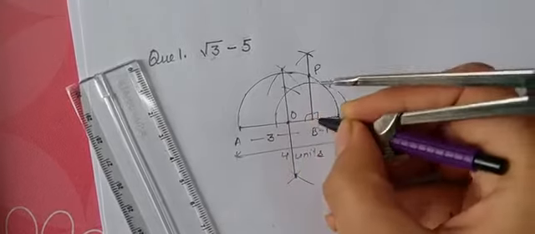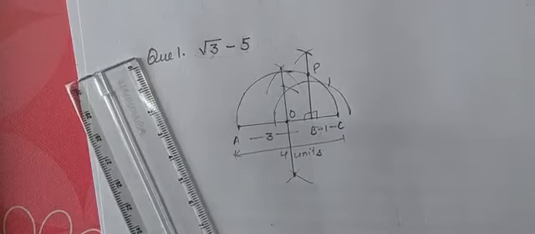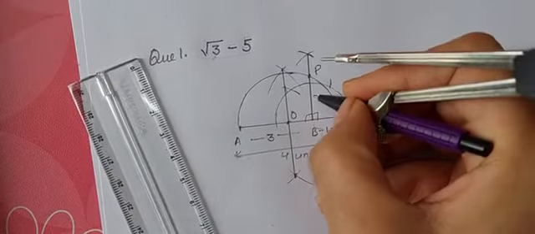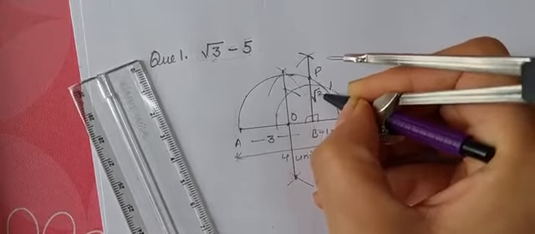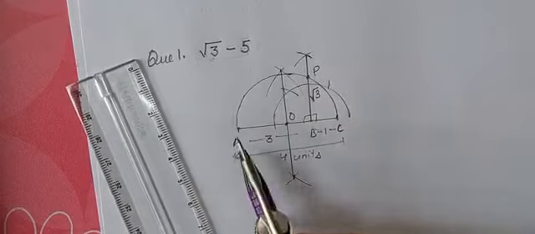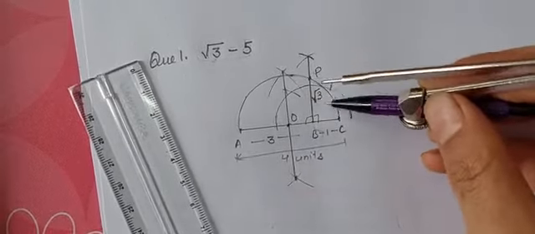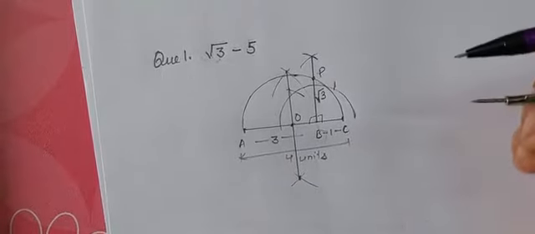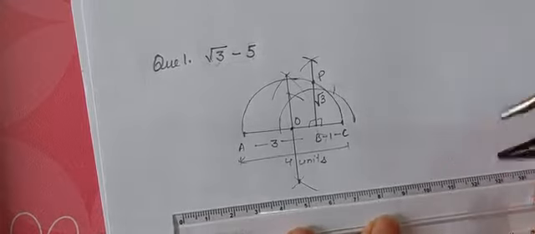And this distance BP is going to be root 3. You need not find it out now. You can simply say BP is root 3 because we have verified this procedure in the previous module. So whenever we start with AB equals 3 centimeter, we get BP as root 3 centimeter or root 3 units.